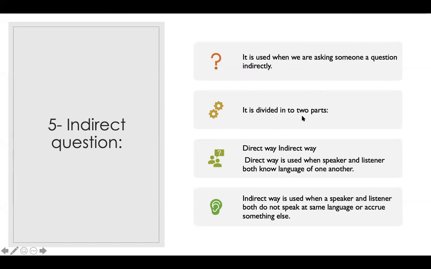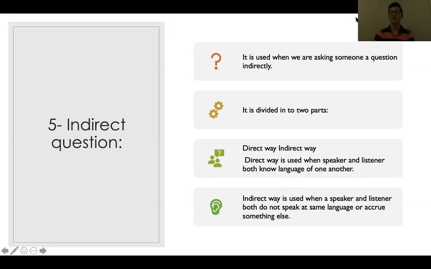So we have two parts in this kind of question. The third point is we have direct way and indirect way. Direct way is used when speaker and listener both know the language of one another. Indirect way is used when a speaker and listener both do not speak the same language, or something else, okay?